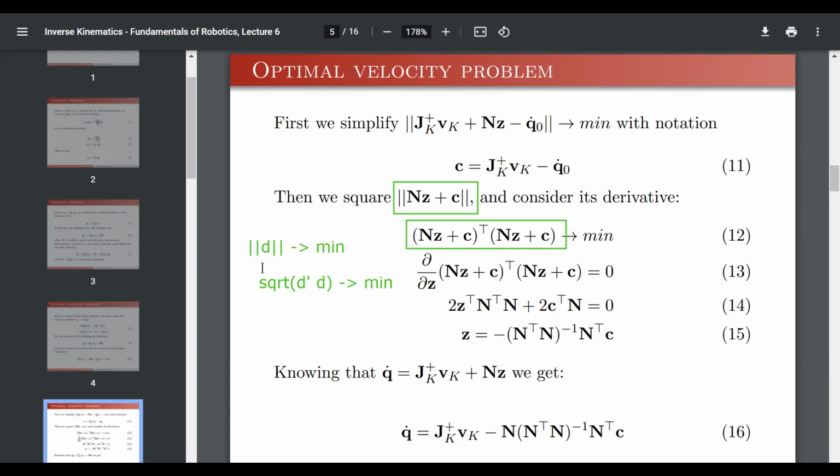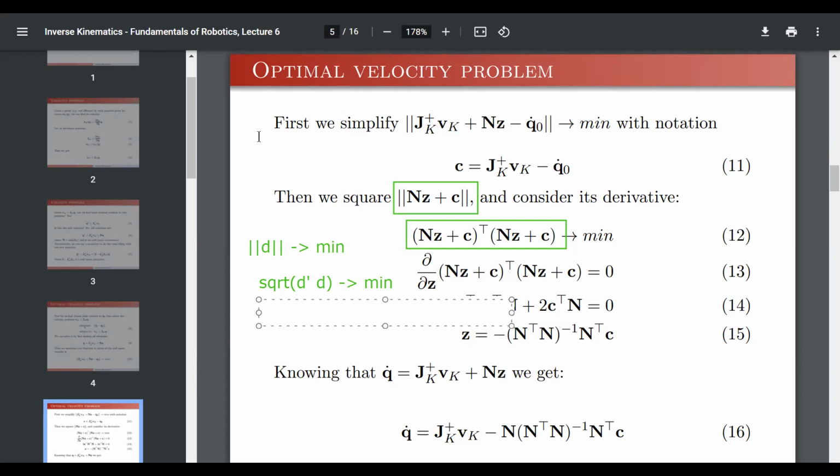We just explained what the norm means. But for a positive number, the minimum of the square root of the number coincides with the minimum of the number itself. You cannot find the minimum of a square root which is not at the same time the minimum of the number, because the square root is an always increasing function.